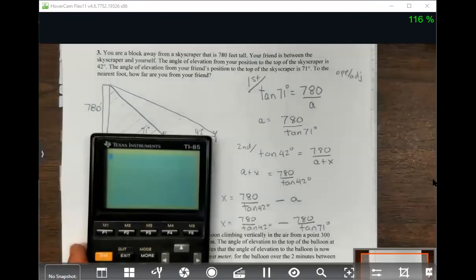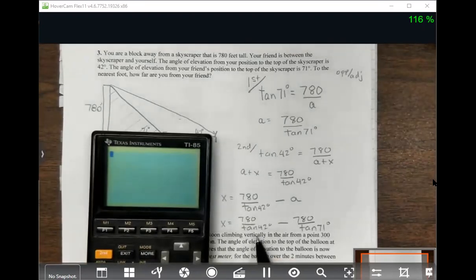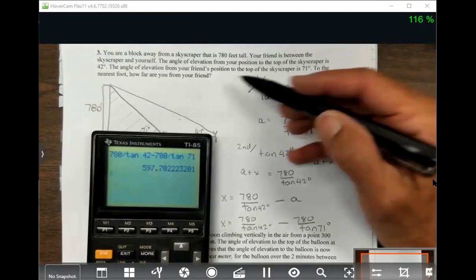Okay, so I'm going to need 780 divided by the tangent of 42 degrees minus 780 divided by the tangent of 71 degrees. And so I get 597.7. Let me look at here.